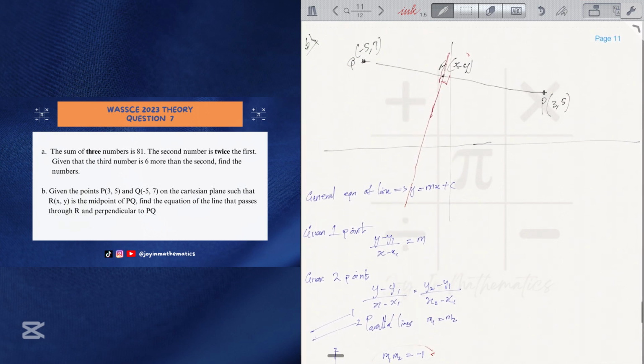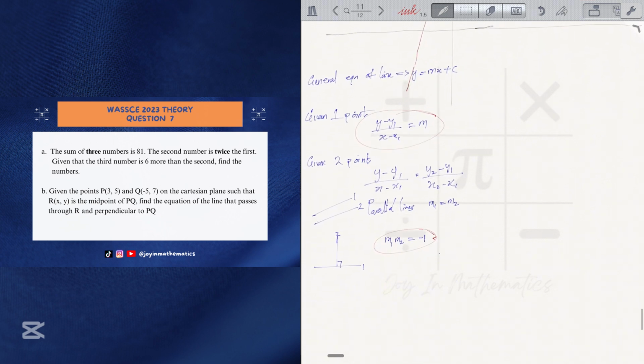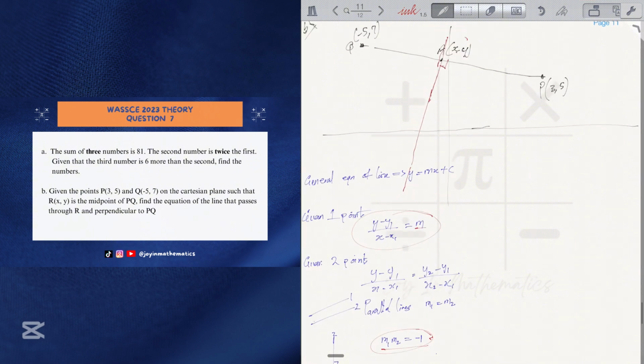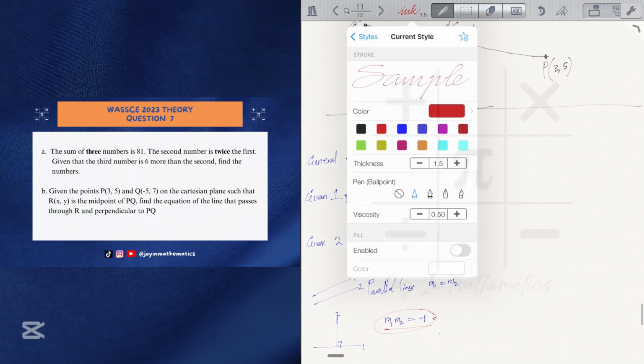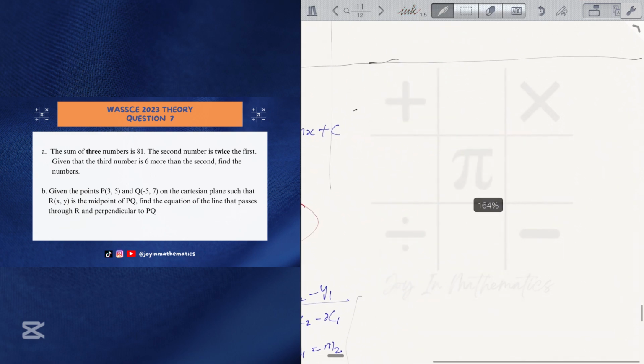So the first thing we will do is to find the midpoint, and we will use this equation because we are given 1 point. However, the gradient m will be related to this gradient here. So the first thing is to evaluate the midpoint of the line.